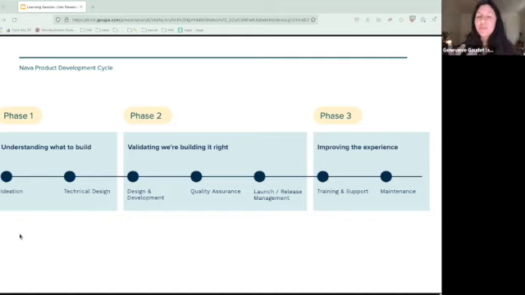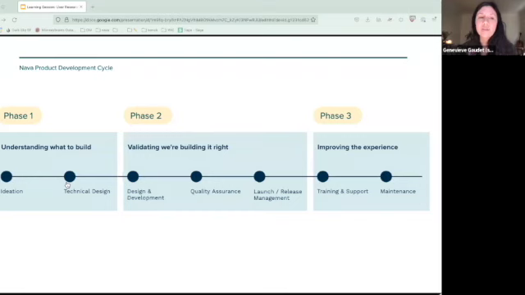And then in phase 3, this is where we have a program or a piece of software live out in the world, and we are finding ways to improve that experience for something that already exists. So we'll really be talking in terms of these 3 phases, through the stories that we're going to share.